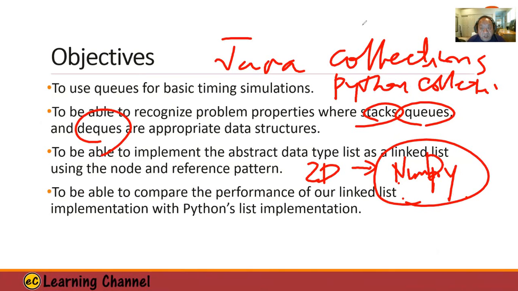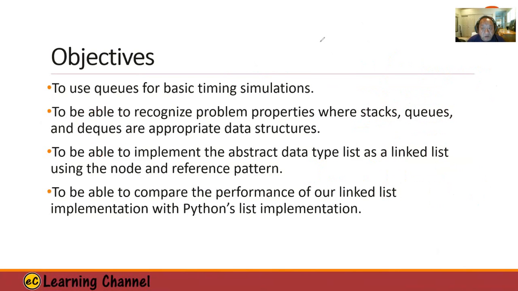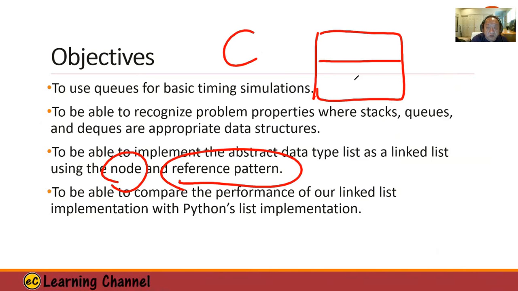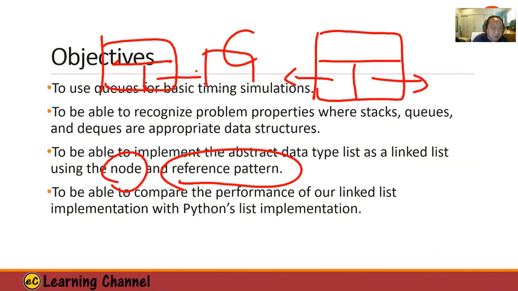Okay, so here actually we just try to teach you how they are programmed, and to be able to implement the abstract data type list, like a linked list, using node and reference pattern. So another thing we need to learn is the node pattern. In C language, I will also teach you how to construct a node with next and previous, and then you can connect the linked list or circular list.